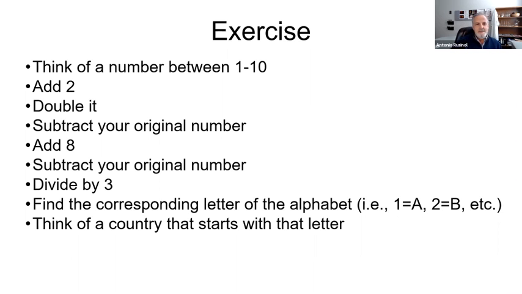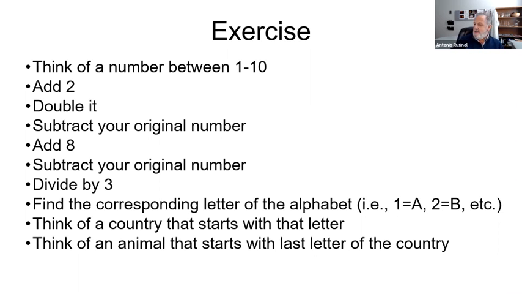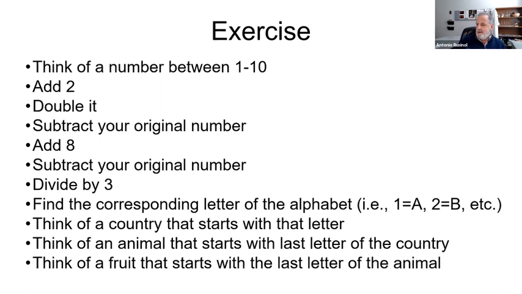Yes? Now think of an animal that starts with the last letter of that country. You got the animal? All right. And then think of a fruit that starts with the last letter of that animal.